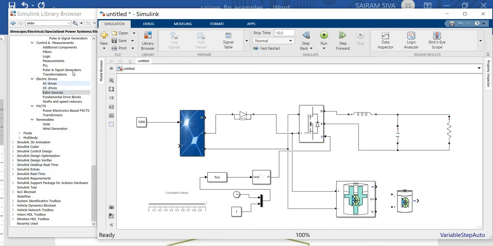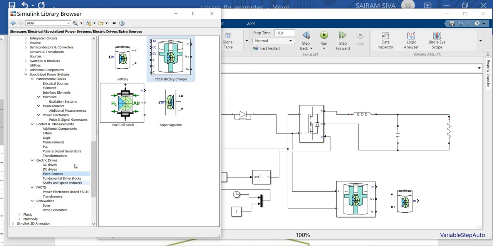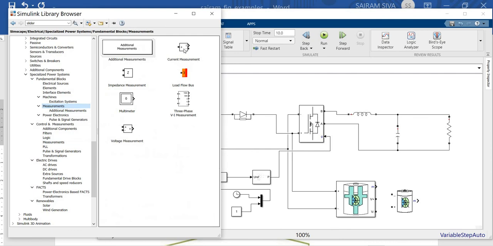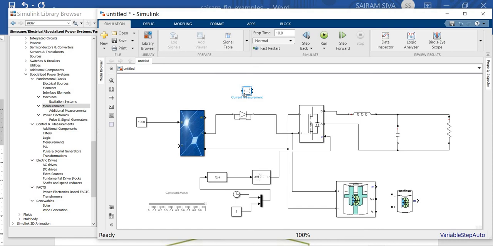Already we have seen how to measure the voltage and the current. That is the normal measurement which is available here. If you need the current, I am also going to measure the current here with the ammeter. Again I am also going to connect this ammeter here.